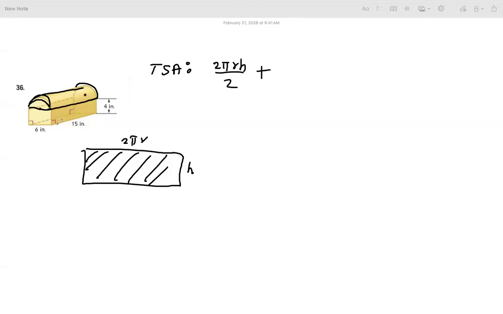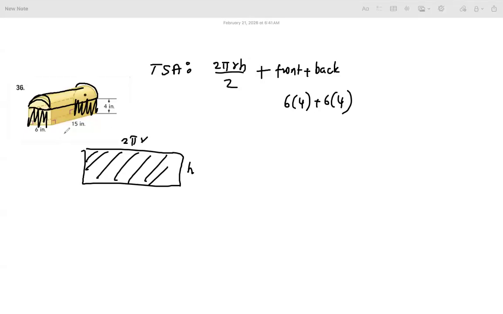You're going to add all the faces of the rectangular prism. I think it's not the square prism, it's a rectangular prism. So basically the front and the back. Let me first do that. Front plus back, that's 6 times 4, 6 times 4, correct?